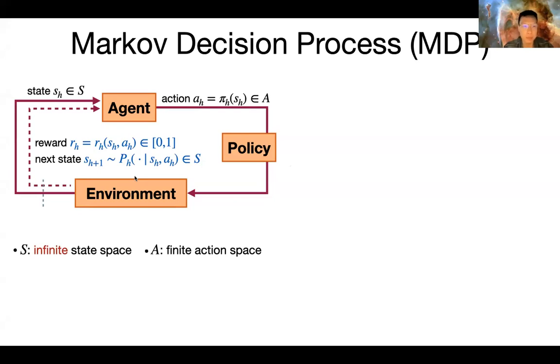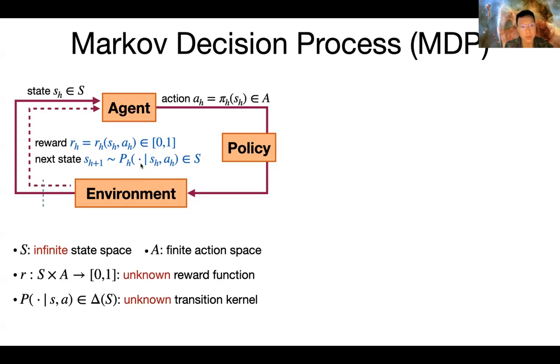In an MDP, the agent interacts with the environment in the following paradigm. At each time step, it observes the current state and takes an action and observes the immediate reward given by the reward function, and also the state evolves to a next state according to the Markov transition kernel. And here, both the reward function and the Markov transition kernel are unknown to us.